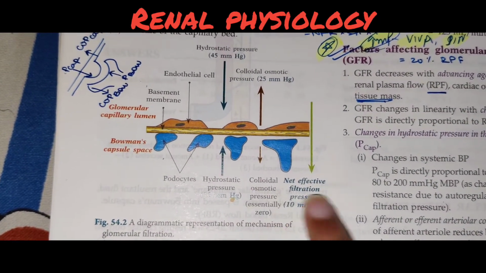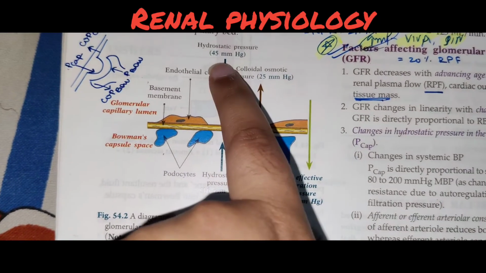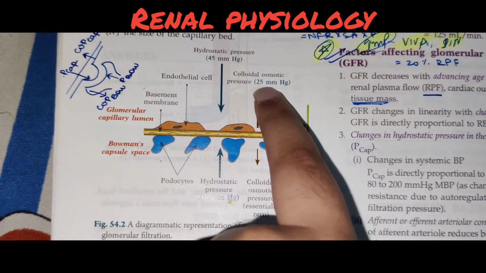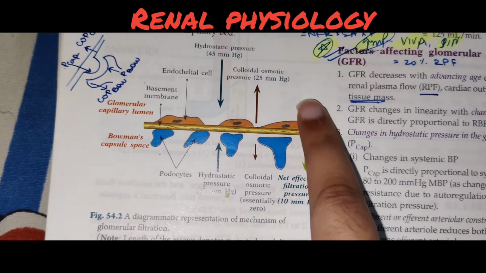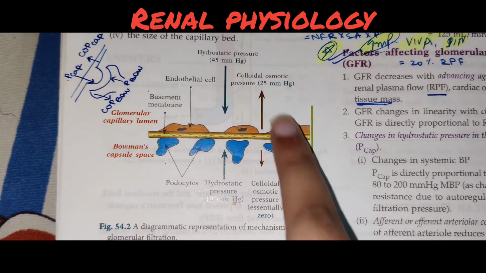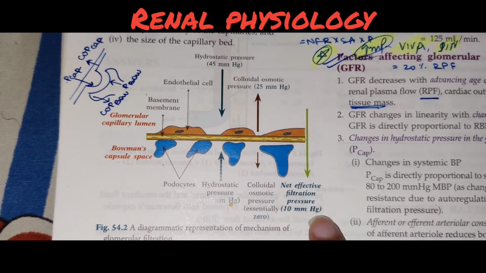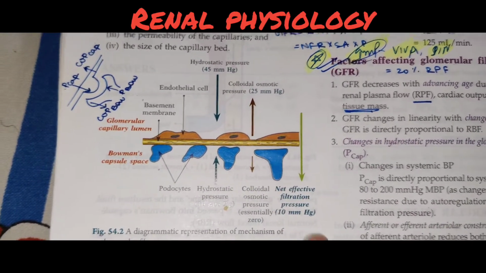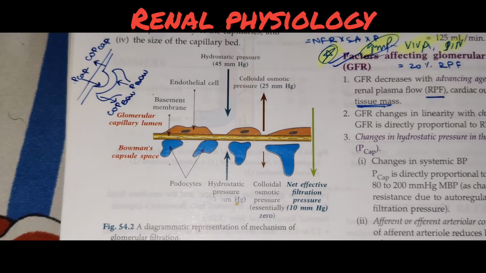Calculating this, we get 45 in this direction and 10 plus 25, that is 35, in the other direction. So the net filtration pressure will be 10 millimeters of mercury in the direction of glomerulus to Bowman's capsule, meaning the fluid will come from the glomerulus to the Bowman's capsule. This is the net effective filtration pressure.